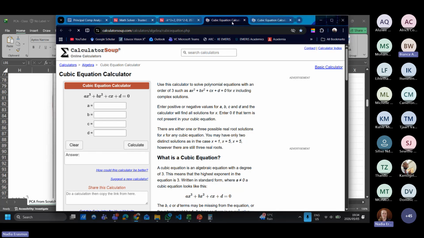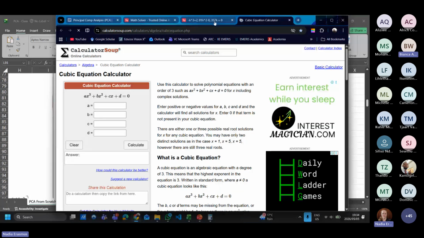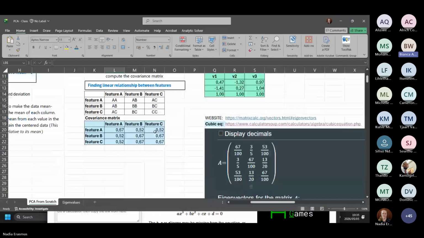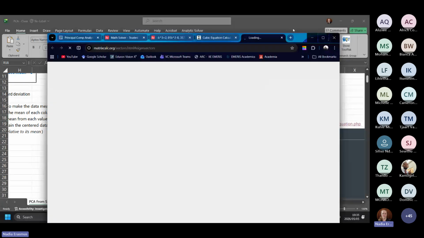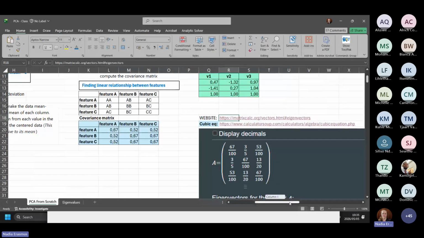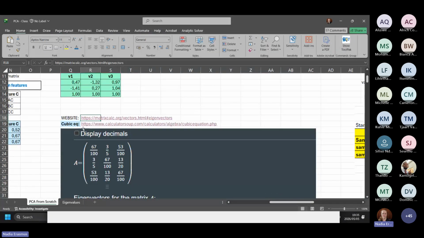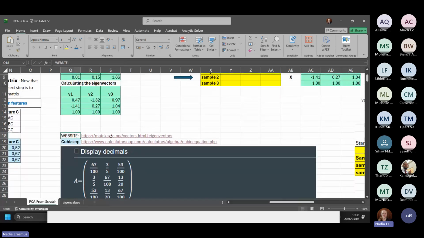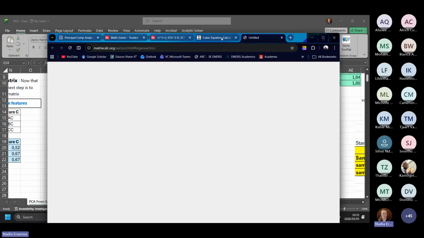So I will drop the quadratic equation in the chat. And then we can maybe find the mistake. I did try to find it, but I don't know where it is. Okay, there are a few websites here that I have. It's the eigenvalue and eigenvector matrix calculator, and there's also a cubic equation calculator. So those are the two that you can use.